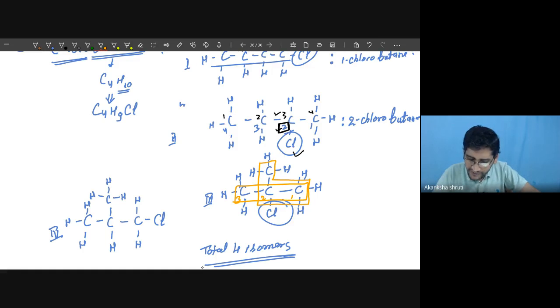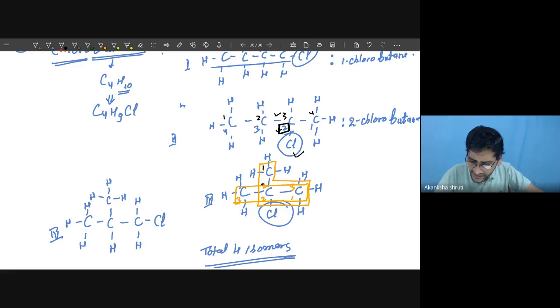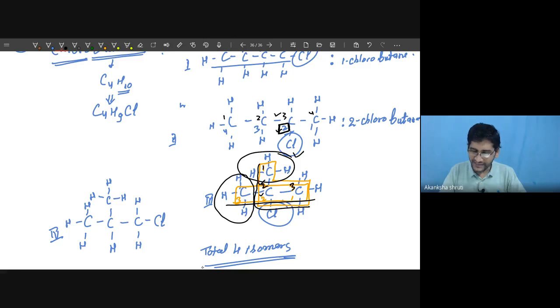Even if you start with this terminal 1, then 2, then 3, still you are getting the 2, the same. So in this case we have to keep in mind the chain is of 3 length, but one of these is taken as another prefix. It is called methyl if we are considering the chain like this. Or even if you are considering the straight chain, then this will act as the prefix methyl.